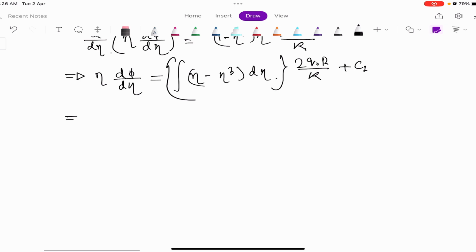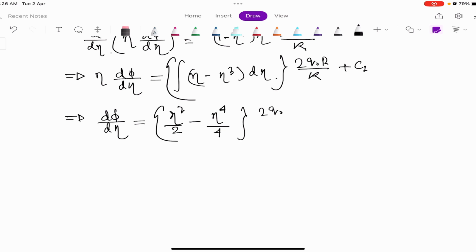Okay, then we have η dφ/dη equal to η²/2 minus η⁴/4, times 2q₀R/k, plus C1.